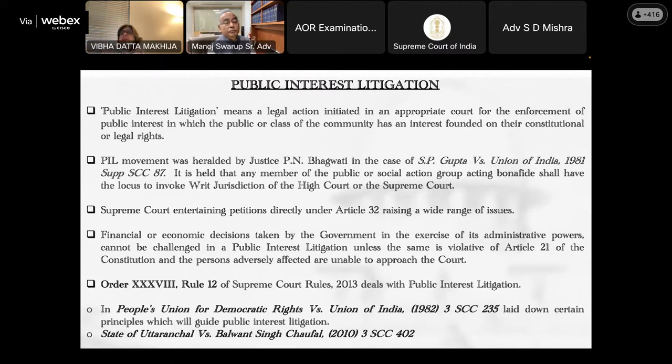So the locus being a technical part, the Supreme Court, in the 1980s, specifically Chief Justice P.N. Bhagwati, expanded the scope of the jurisdiction of the Supreme Court itself and came up with the jurisdiction of public interest litigation, given the peculiar socio-economic condition of the Indian populace.